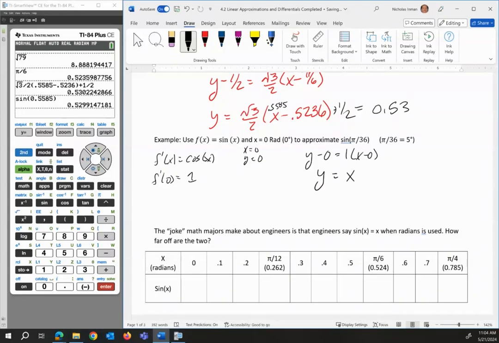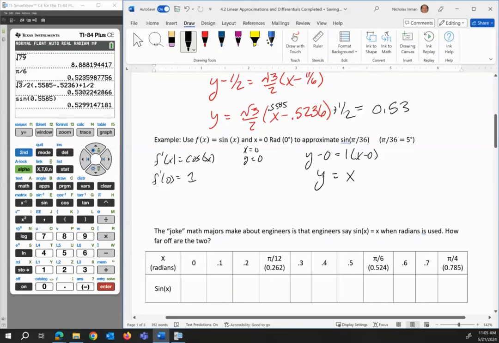All right, and so there's a joke between mathematicians and engineers. Engineers, they use math constantly, but a lot of them don't really know what's going on with math. They just know how to use it. And so the joke is a lot of engineers say that sine of x is just equal to x because of this. Okay, this linear approximation, sine of x is approximated by just x.